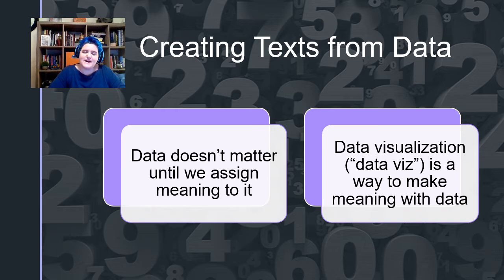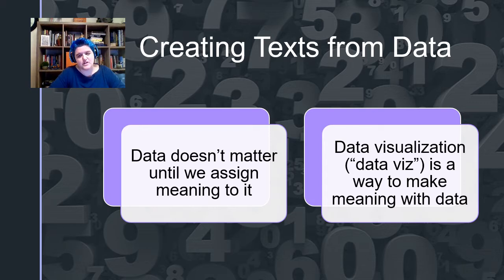So you need to have some sort of meaning attached to the number 4 for the number 4 to become information. And there are many ways that that can happen. One of the ways is to create a graph or a chart or other sort of visualization with it.